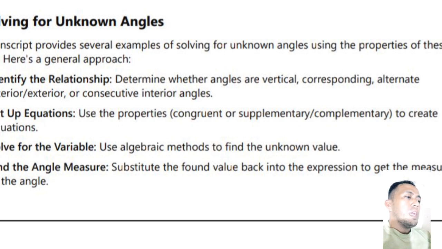B. Set up equations. Use the properties, congruent or supplementary or complementary, to create equations. C. Solve for the variable. Use algebraic methods to find the unknown value. And D. Find the angle's measure. Substitute the found value back into the expressions to get the measure of the angle.